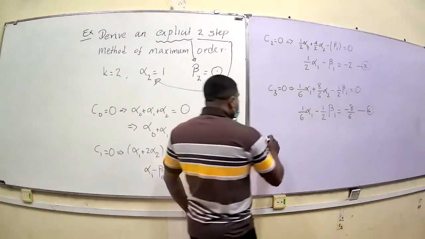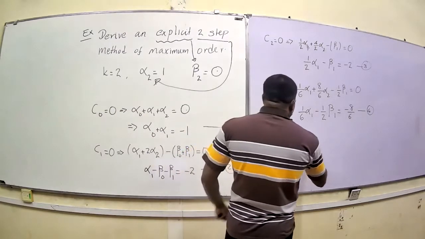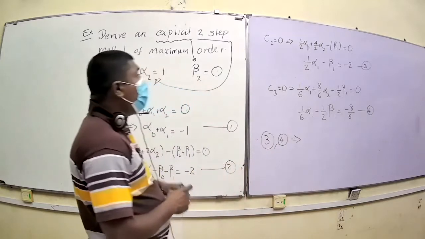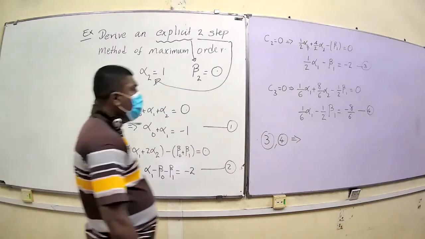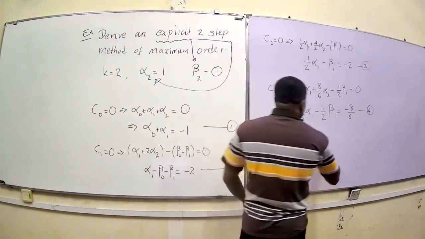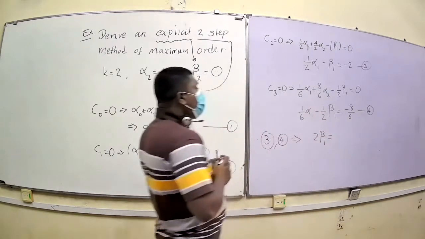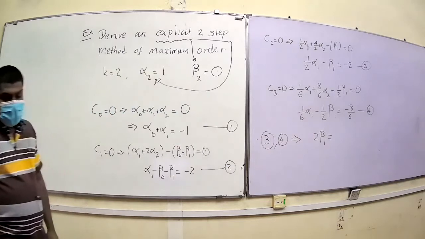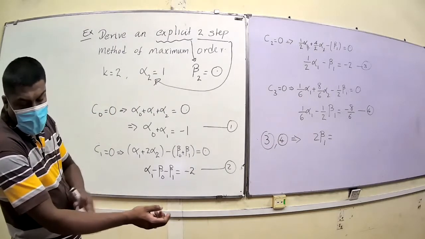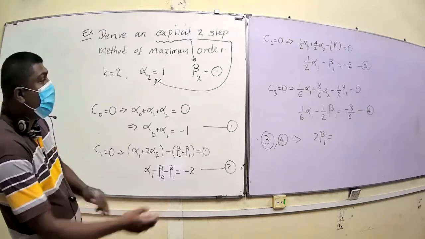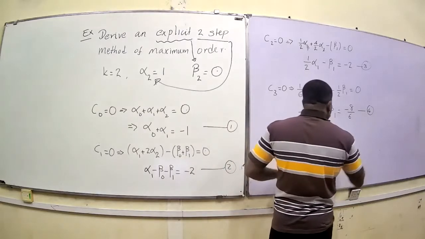If you combine 3 and 4 and subtract one from the other, you get minus 2 beta 1 is equal to minus 4 plus 8, so beta 1 is equal to 4.